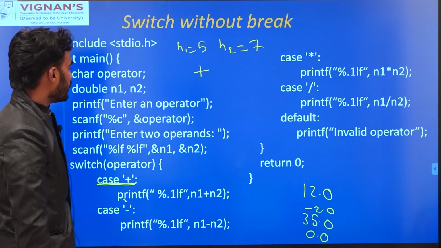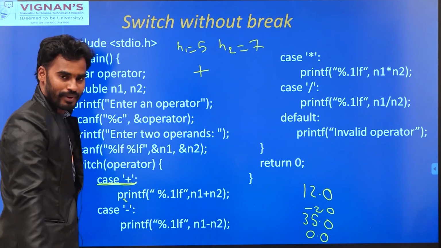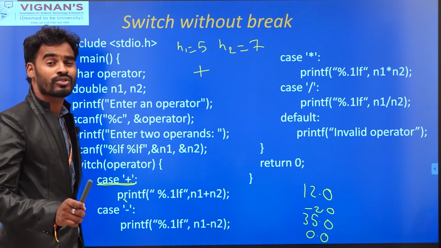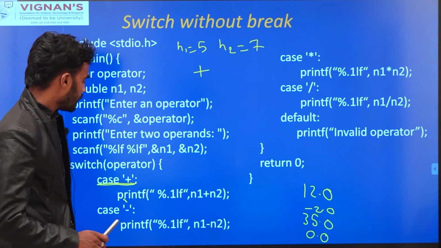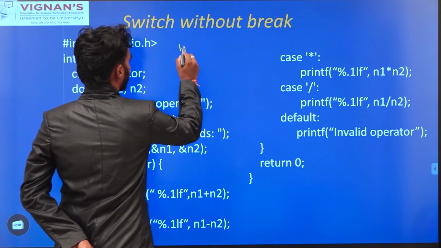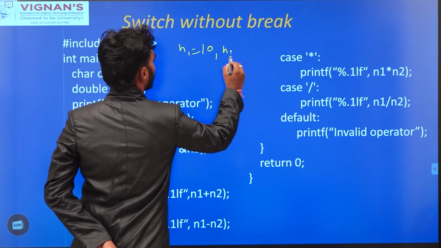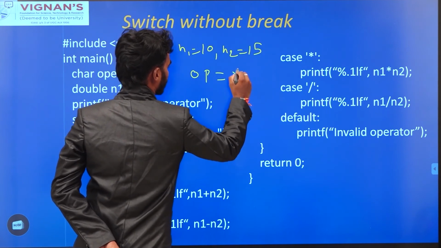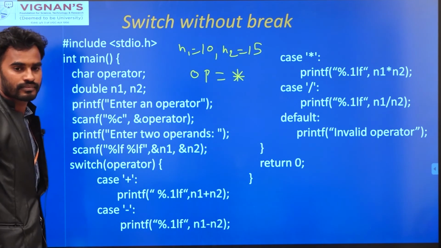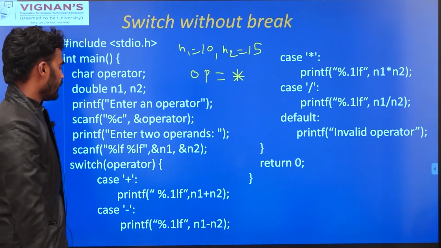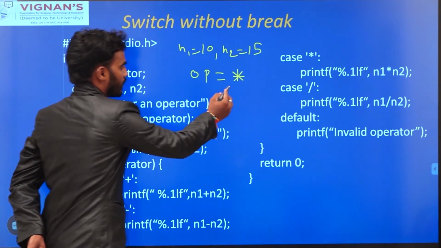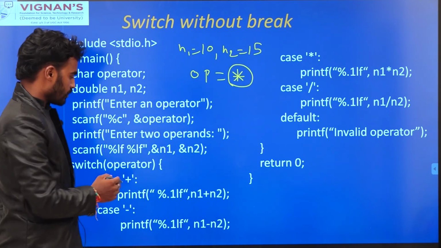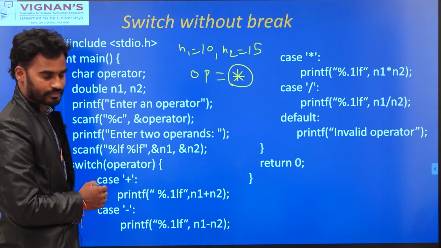Even though you gave the operator as plus, it executes all the labels. It is because of the missing break statement. For example, if you give n1 value as 10, n2 value as 15, and operator as multiplication, the compiler will check this operator with all the case labels.